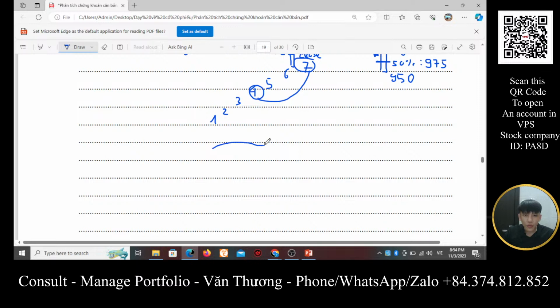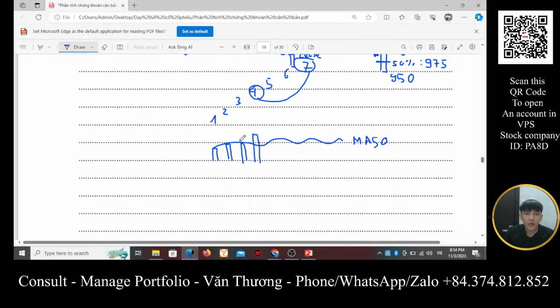This is the 50-day volume average, and the first day the volume is in here, day number 2 in here, number 3 in here, and on the follow through day the volume is like this.